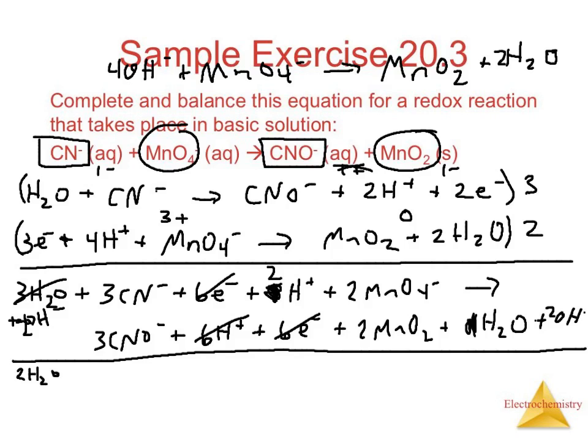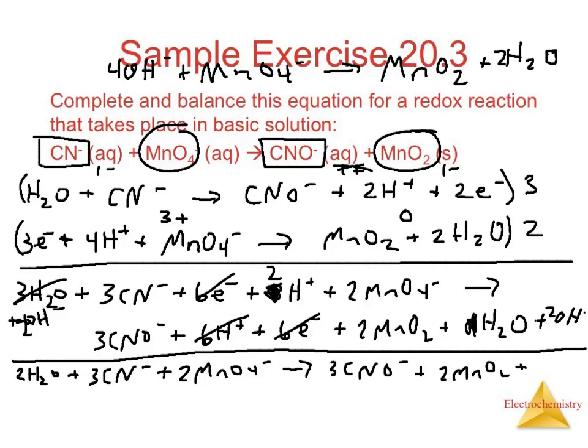And so then what I end up with here is 2 H2O instead of 2 H pluses. And then everything else is basically the same on the reactant side: 3CN minus plus 2 MnO4 minus yields 3 CNO minus plus 2 MnO2 plus H2O plus 2 OH minus.